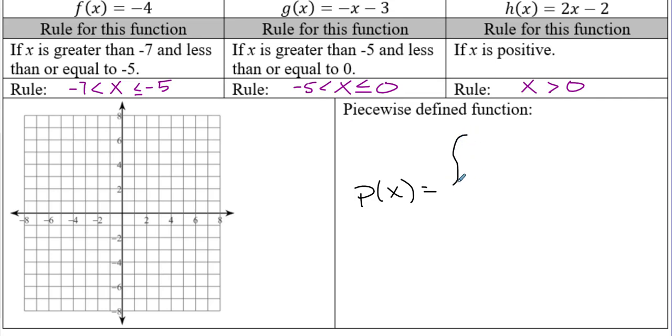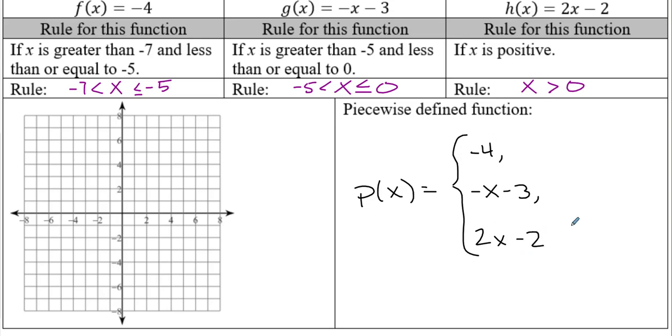We're just going to call it p of x, and then we're going to use one of these big squiggly brackets. And then we're going to write our functions here. So we got negative 4, and then we separate these by a comma. This one's going to be negative x minus 3. And then we're going to put our comma, and then we got 2x minus 2.